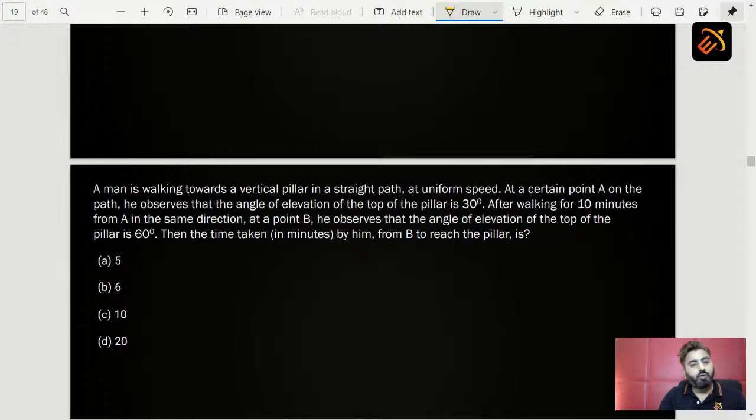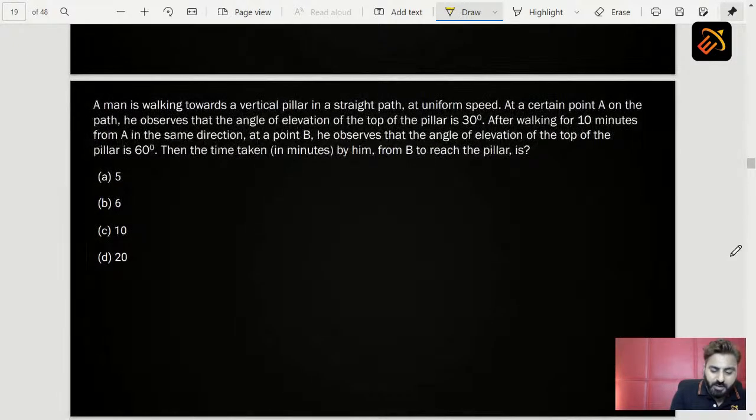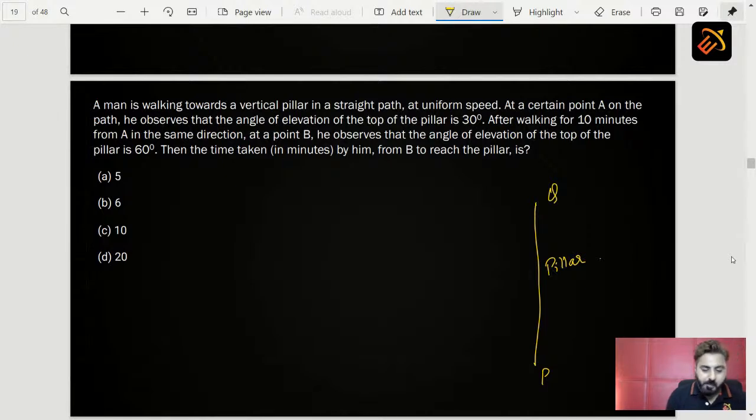Now students, how do you solve this? First of all, according to the given condition we have to draw a diagram. So let's say this is our pillar. Let's give names P, Q. Now what has been said here? There are two angles of elevation, one at 30 degree and one at 60 degree.